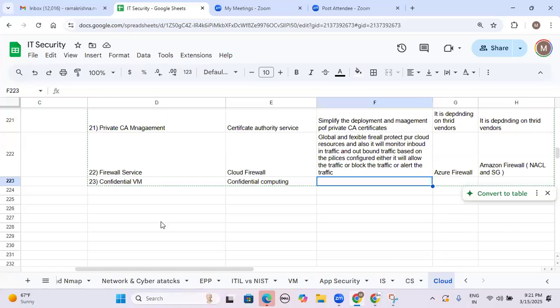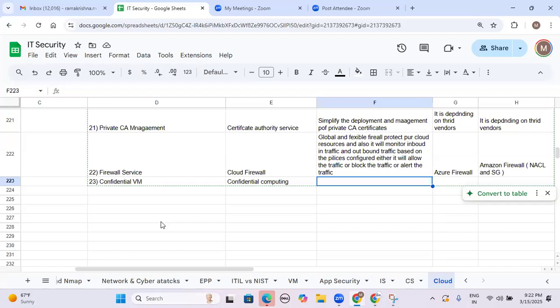So please go and practice all this in the Azure portal and also the Amazon portal. But what Google has done is create an additional resource to make sure that disk encryption and database encryption are taken care of where these virtual machines are deployed. So that is called confidential computing.